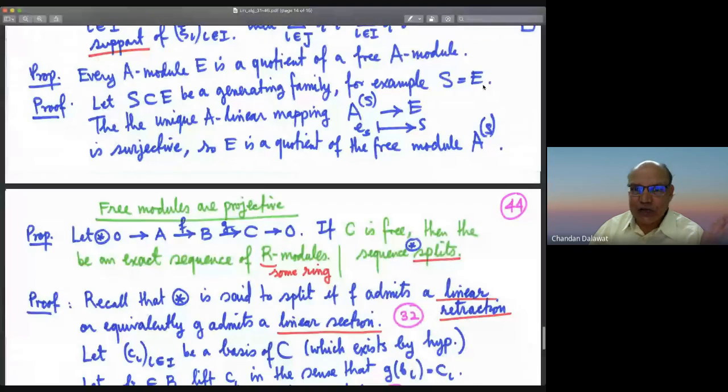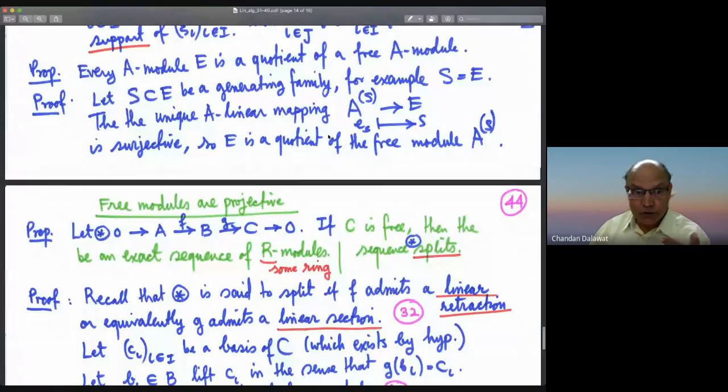Then, of course, there's no doubt that E gets generated by S. And I look at the unique A linear mapping from A to the S to E, which takes e_s to s. This is obviously surjective, so E can be viewed as a quotient of A to the S, but A to the S is, by definition, a free module. It's free on the set S.